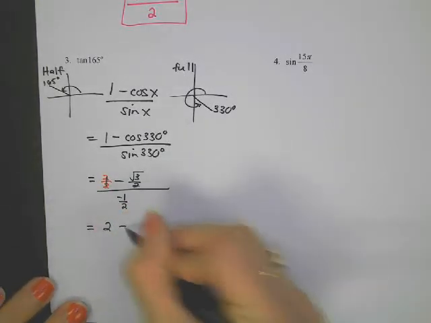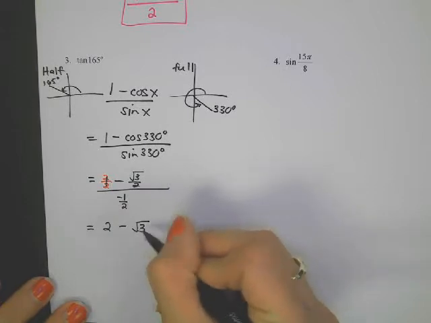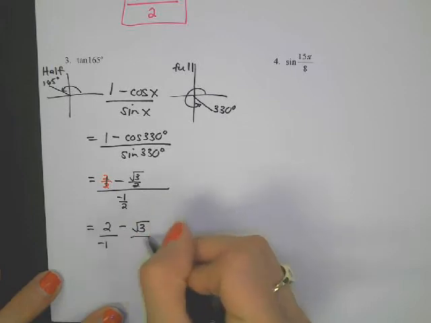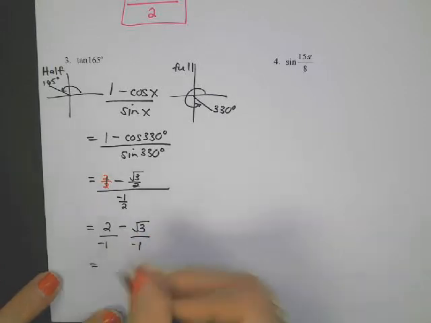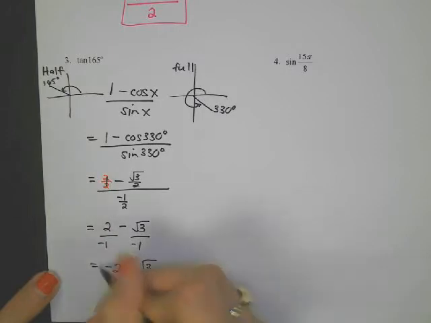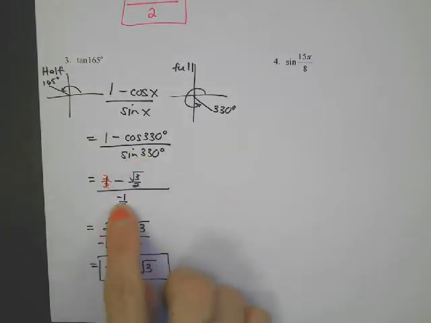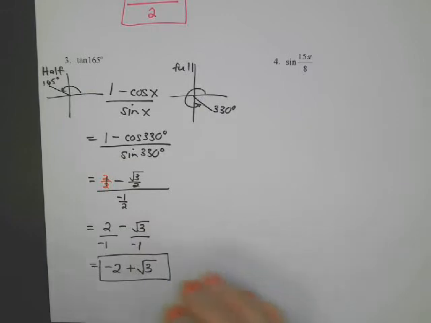And now we have 2 minus radical 3, and the denominator is negative 1. They're each going to get the negative 1, which means the final answer is negative 2 plus radical 3. This formula is the easiest because in the denominator you're only going to have one fraction, so you don't have to multiply by conjugates. That's why I recommend that one.